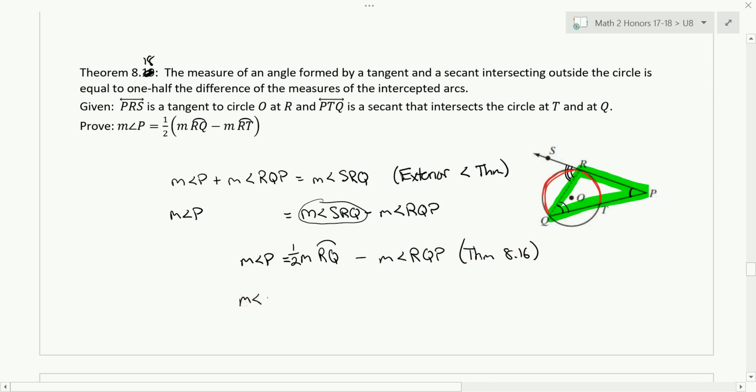And then I'm going to rewrite the first part of this. And we're going to change the second angle here, the measure of angle RQP. What kind of angle is that in the circle? It's got its vertex on the circle.